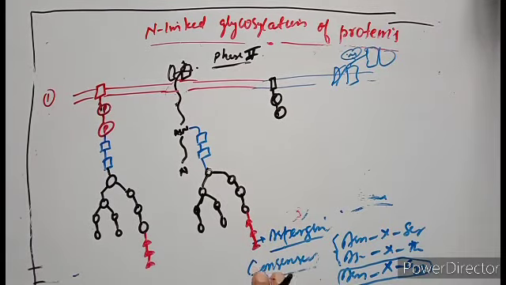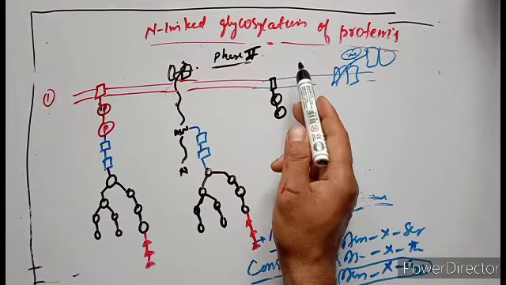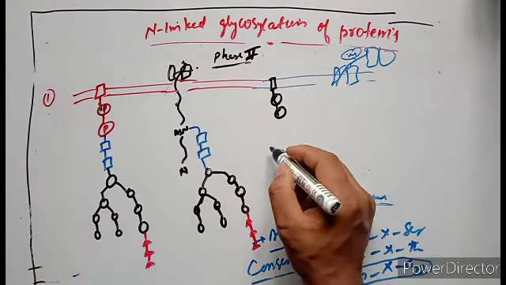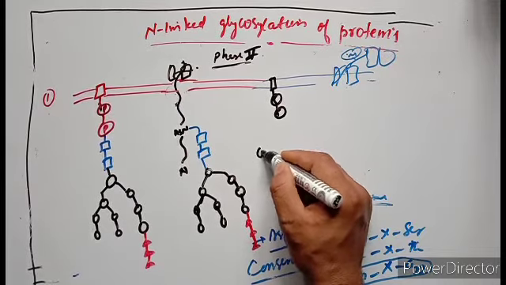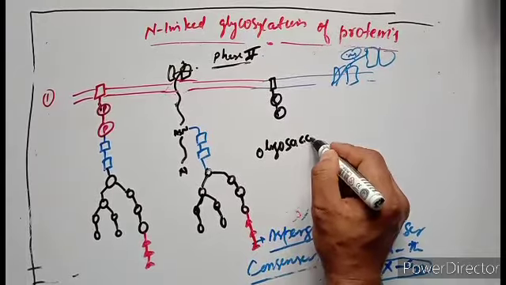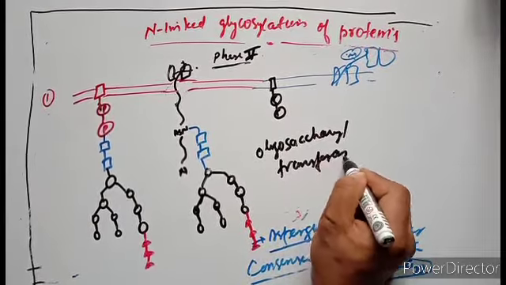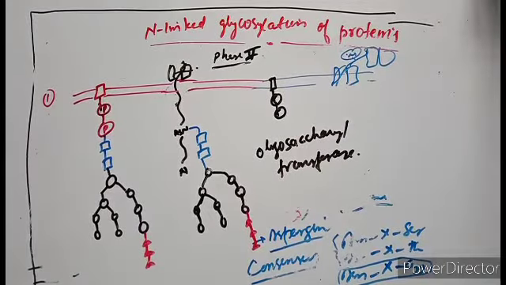Okay, so in this way the N-linked glycosylation of proteins is completed. So the enzyme which is responsible for this transfer is the oligosaccharyl transferase.